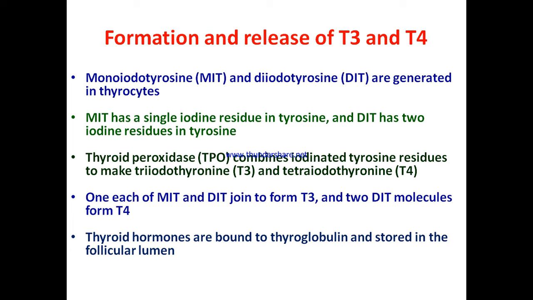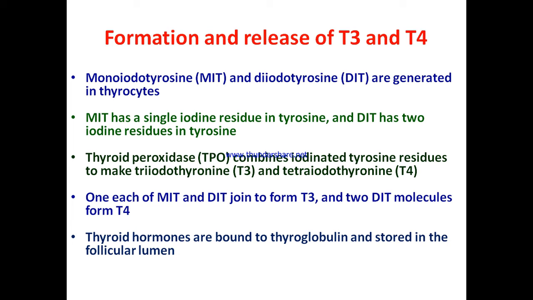Thyroid peroxidase, TPO, combines iodinated tyrosine residues. The thyroid hormones are produced by the combination of MIT and DIT depending upon the requirement, and the enzyme involved is thyroid peroxidase.